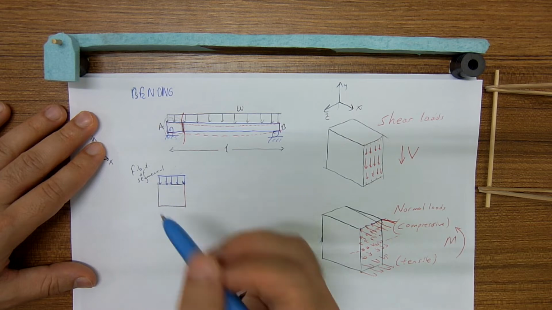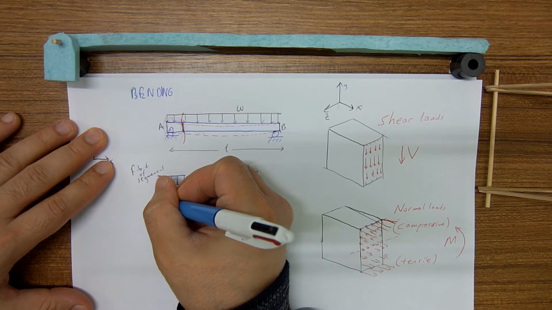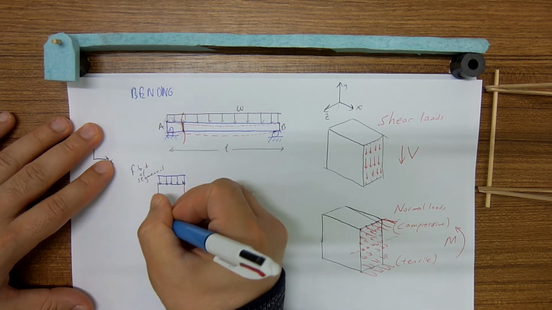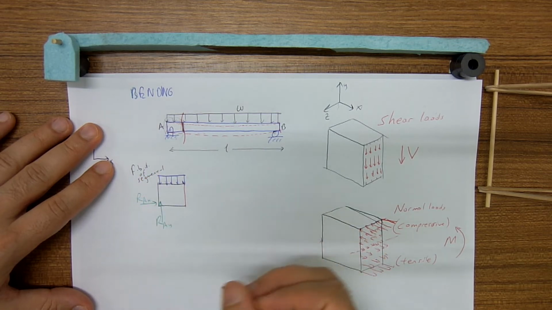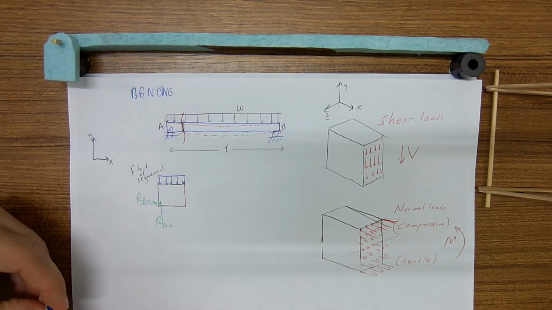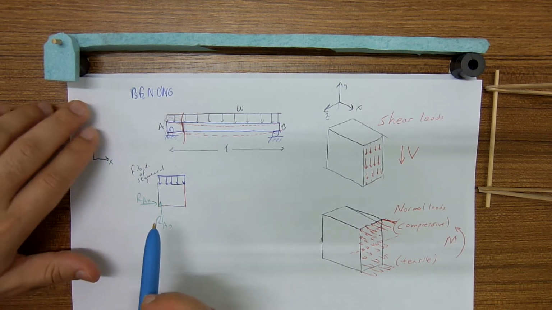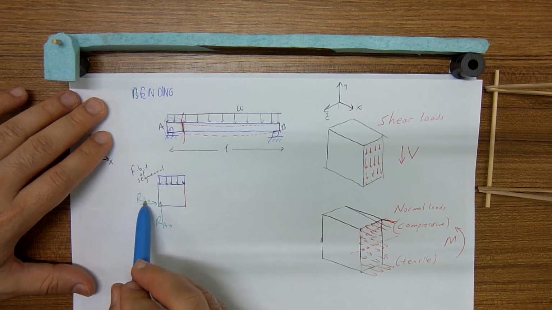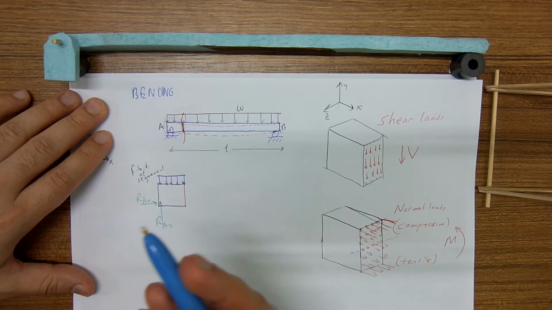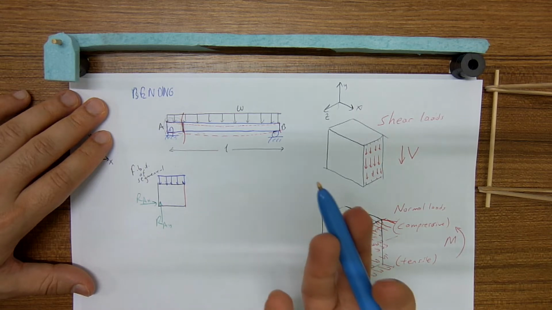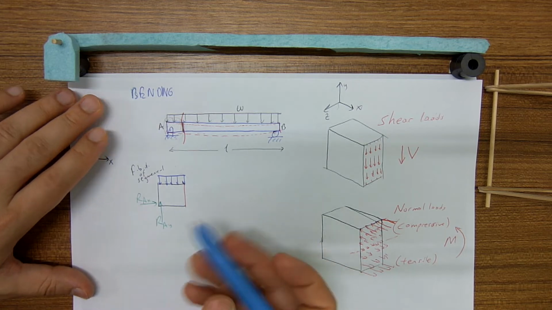of this segment only. And we have got reaction forces RAY, RAX. At the meantime, we should be aware that RAX is 0. Why? Since there is no acting force horizontally, there is no reaction force horizontally.